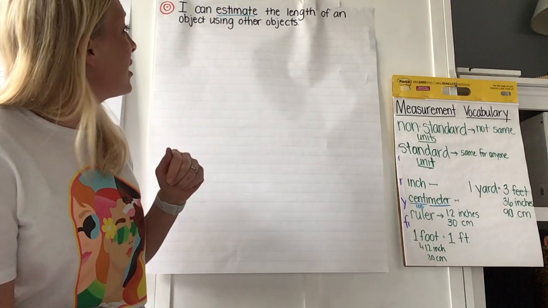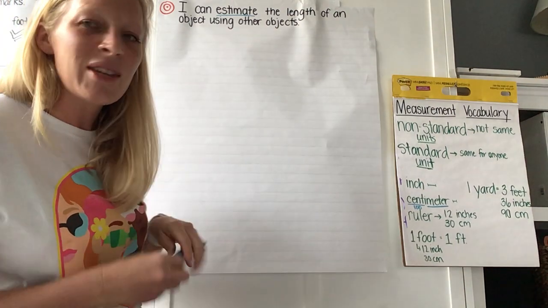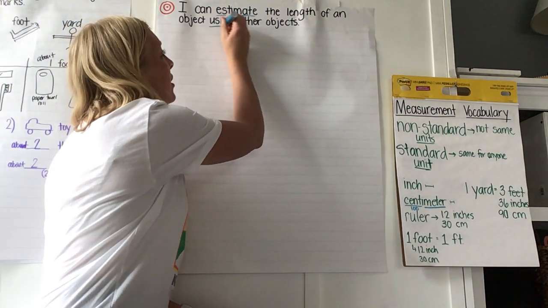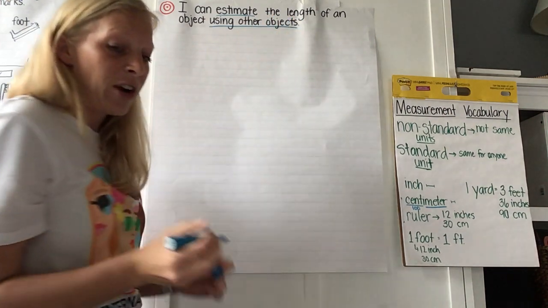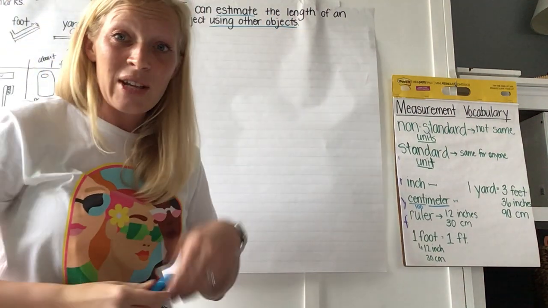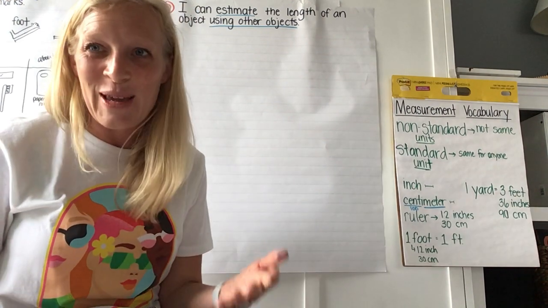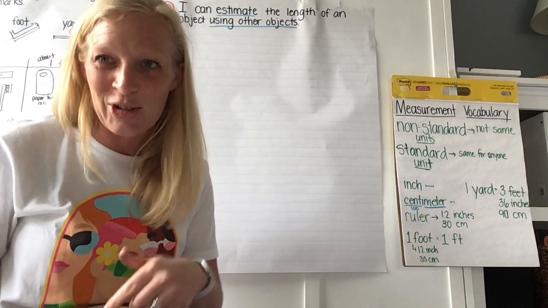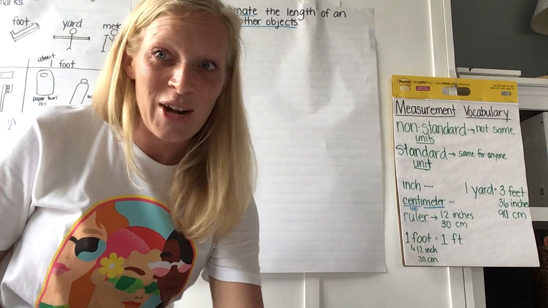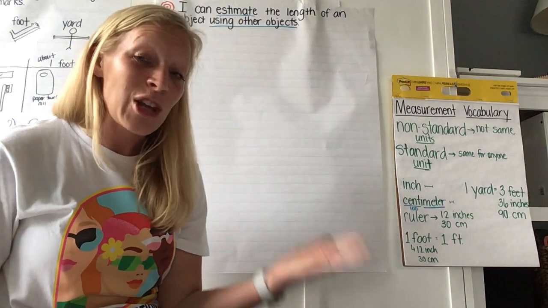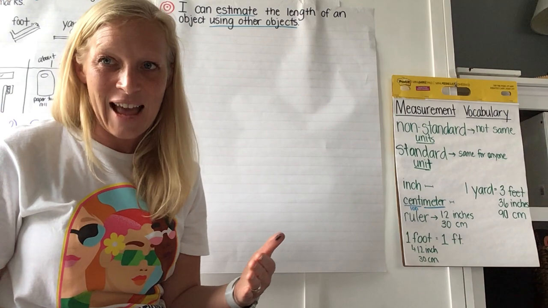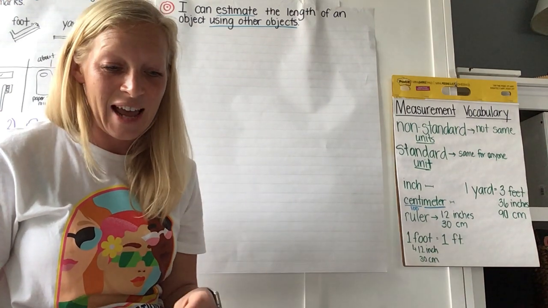But we're estimating the length of an object today using other objects. Now, this is how our work's a little different. We're actually going to be using some objects that we already know how long they are because we used our body benchmarks and double checked it yesterday and the day before. And we're going to use that to make a good estimate with new objects today, okay?